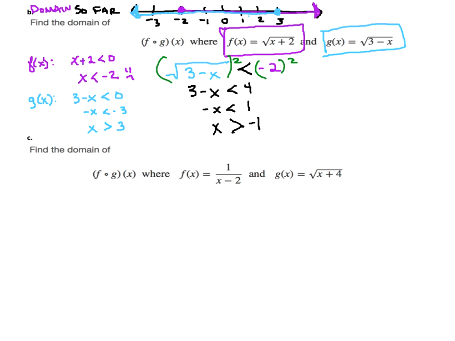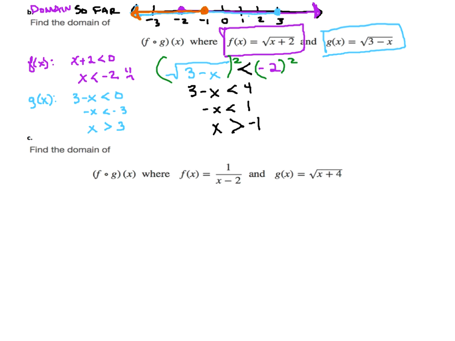So I need to be exactly equal to negative 1 or less than that, because anything strictly greater than negative 1 is going to violate. So I can be exactly equal, or I can be less than.